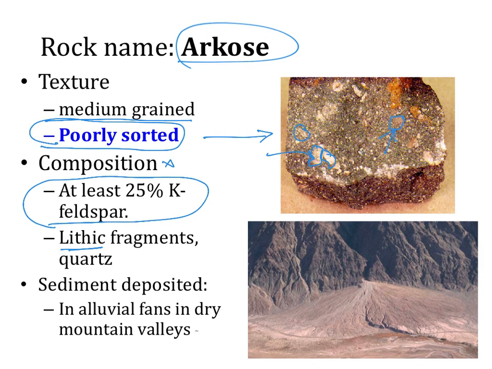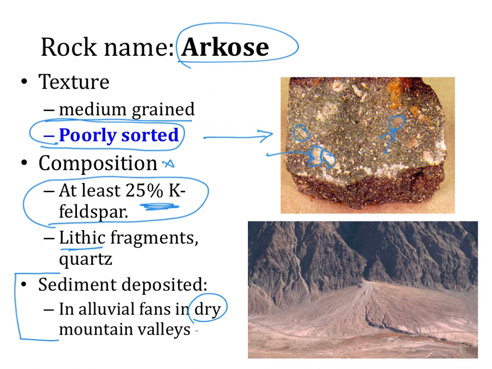This 25% feldspar does give us some information about this rock. Feldspar is weathered away pretty quickly by hydrolysis. So hydrolysis requires water. So what we are going to find is that the sediment that creates this rock was deposited in a relatively dry environment, not too much water or rain.